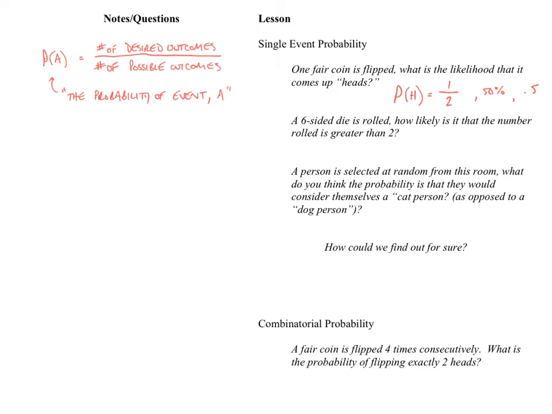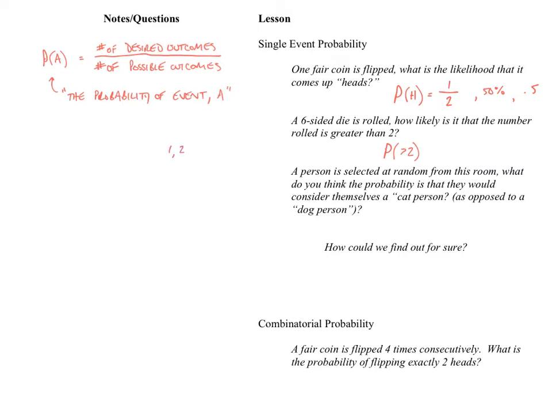All right, let's take a look at the six-sided die. Pretty common to involve dice, coins, spinners, all these things. So a six-sided die is rolled. How likely is it that the number rolled is greater than 2? So what we're trying to find here, if I want to give some notation, is the probability of a number that is greater than 2. And I'm just going to make a list to myself over here of all the possibilities.